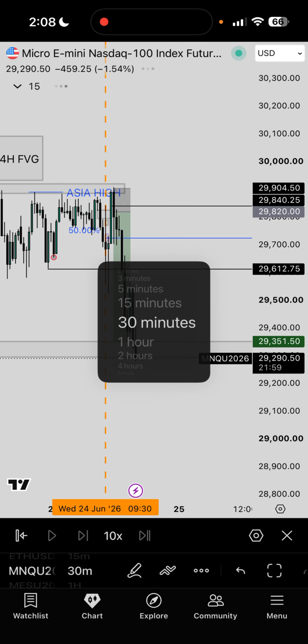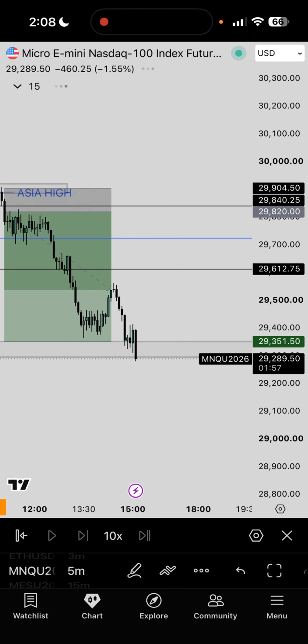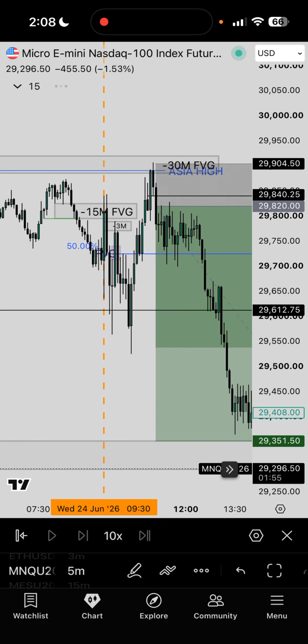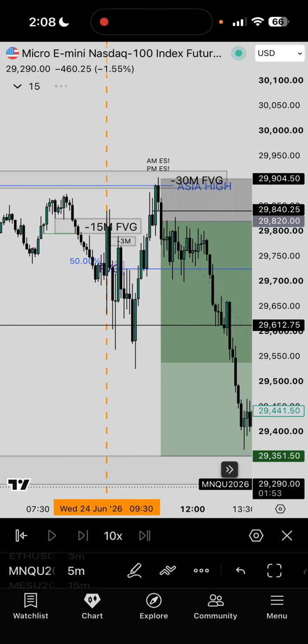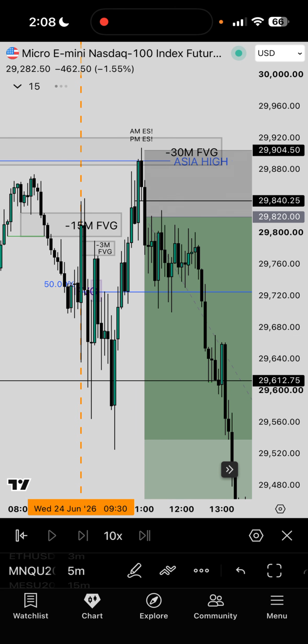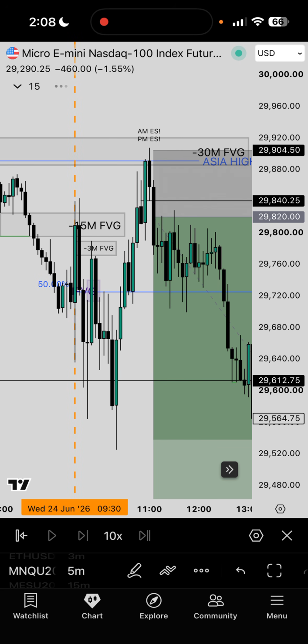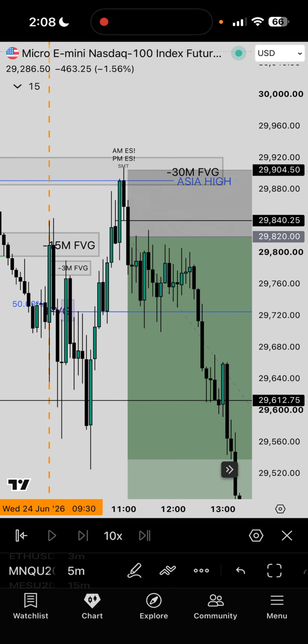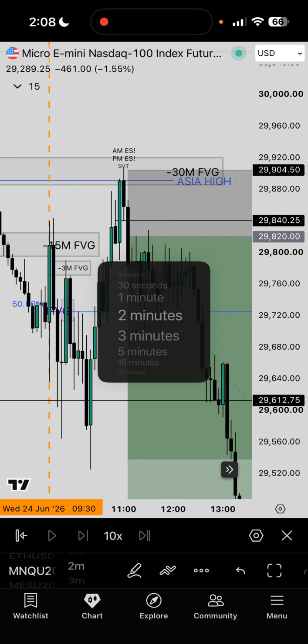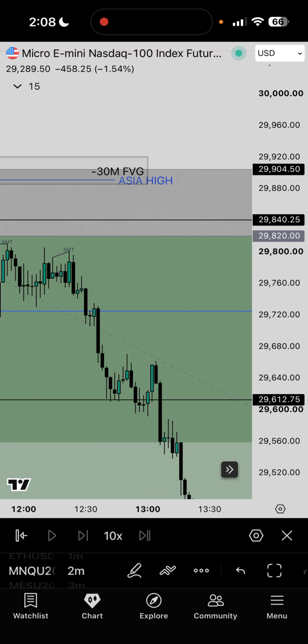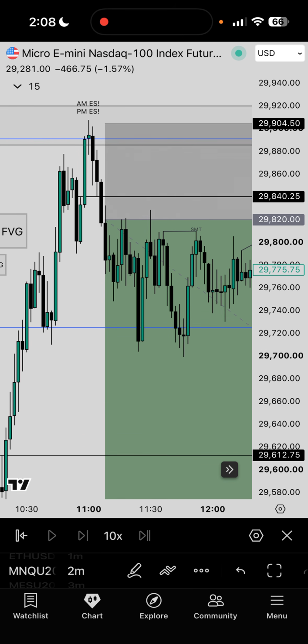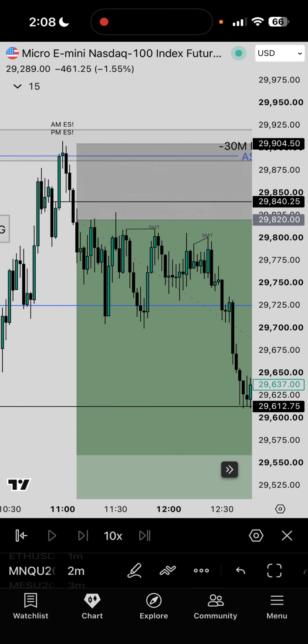So this was the trade of the day. If I waited, I would have cashed this Asia high sweep, 30-minute gap tap, 2-minute inversion, and I would have entered and caught a beautiful trade.